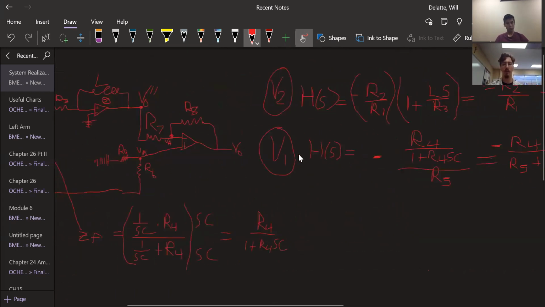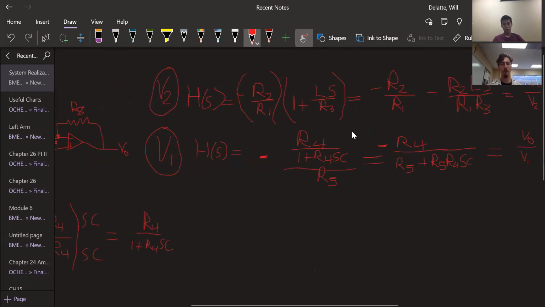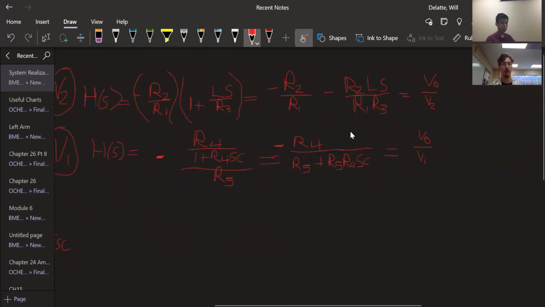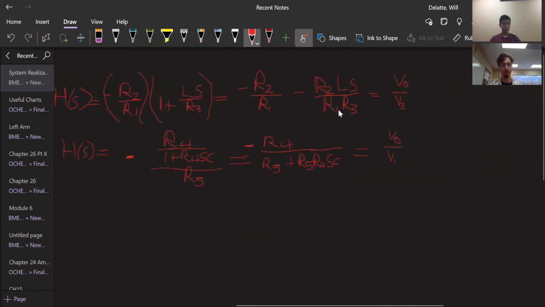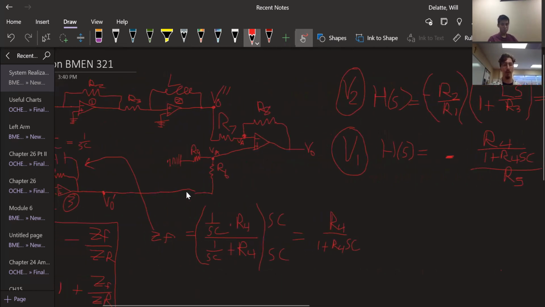Now, we'll return to these later, but our transfer functions, which also have the definition of V out over, in this case, V1, or V out over V2, we can rearrange into something that we can use later. However, these both have their own V outs that are then fed into here. However, we know what this voltage is up to that point.